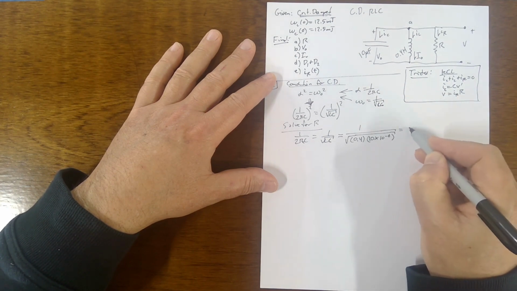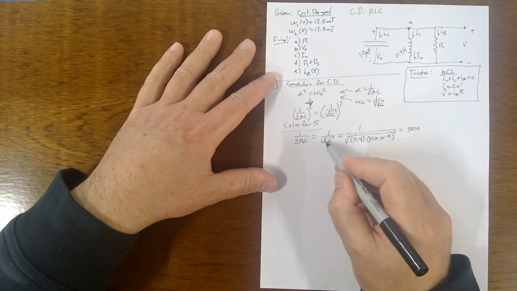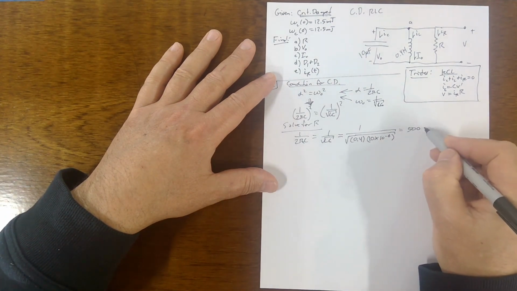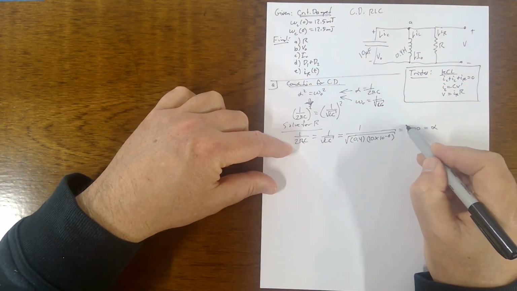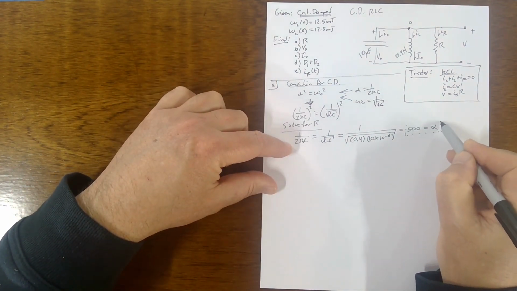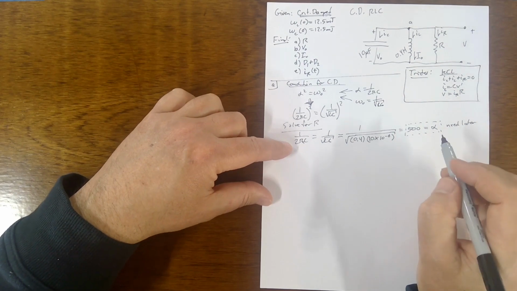That works out to 500. Just plugging in the values of L and C here. So this is alpha. We need that for later, so I'm going to put a little box around it. We need this later.